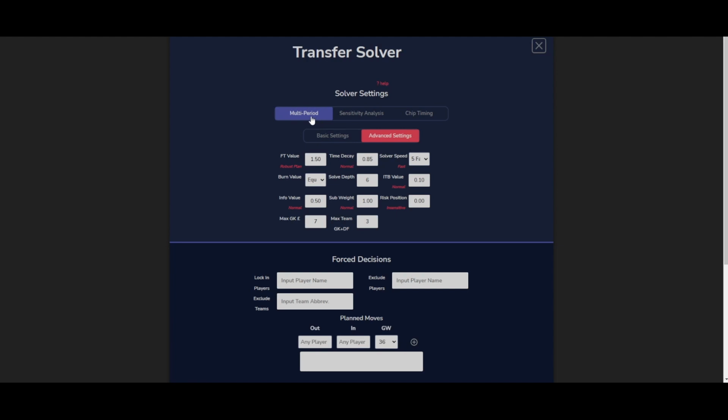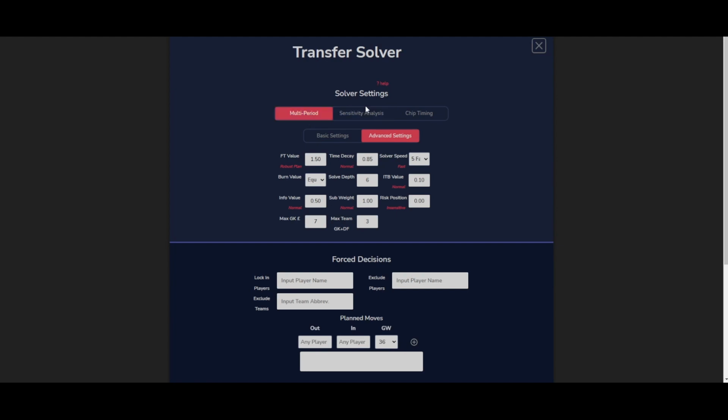Now, that's not to say that multi-period isn't also useful in those kinds of periods. I guess for wildcards and free hits, sometimes there are so many variations of solutions that have meaningless differences between them. So your first 20 solutions for a free hit or a wildcard could potentially be almost exactly the same team with very slight variations.